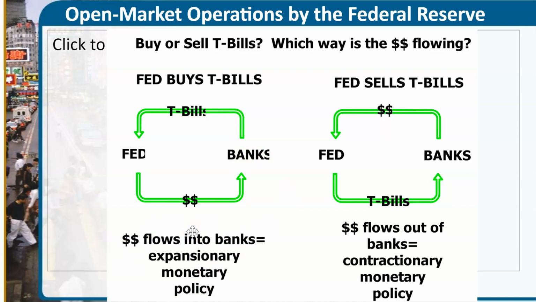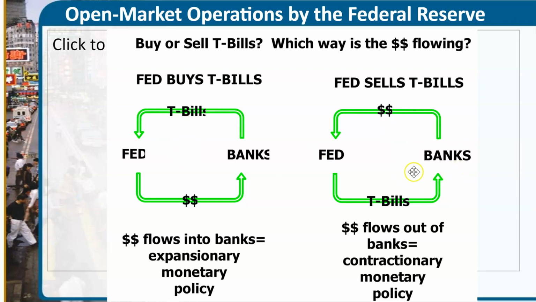So instead of holding on to that treasury, the bank then has cash that it can use to create more money, to go out and make loans to companies and businesses that are going to spend that money in the economy. That's going to help grow the economy, and that's why we buy to grow when it comes to bonds. So buy bonds to grow the economy.